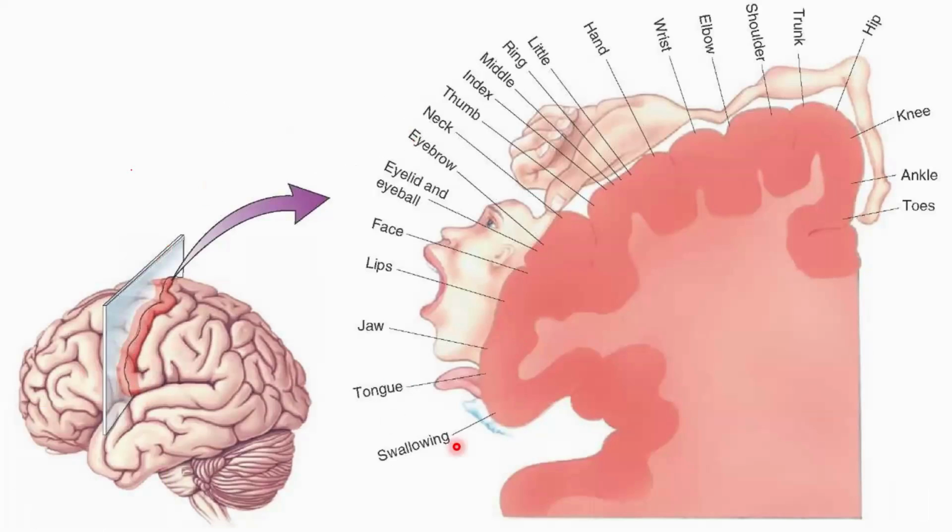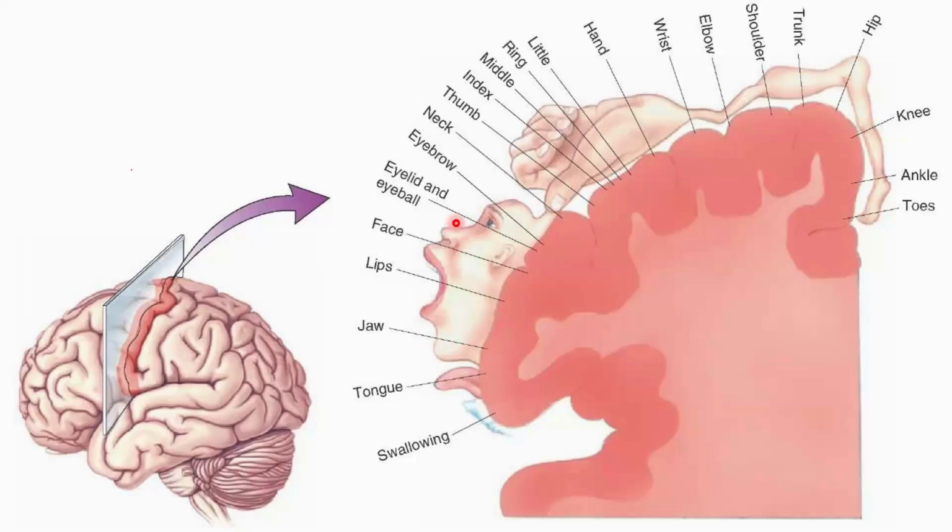The organs involved in phonation, meaning production of speech and voice, are located laterally. You can see swallowing: the pharynx, larynx, tongue, jaw. Then we have the facial representation and the lip representation.